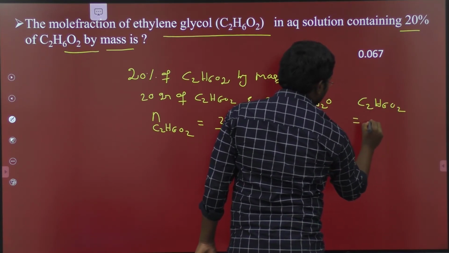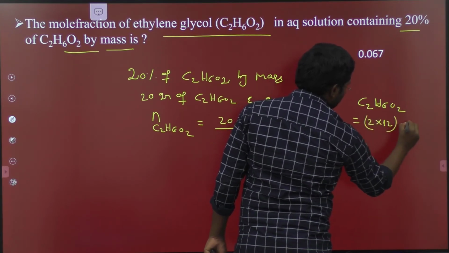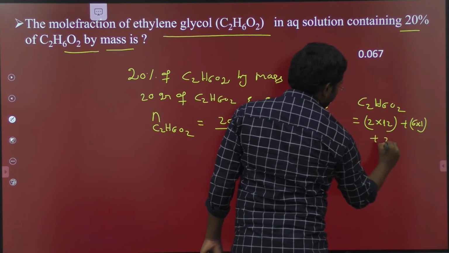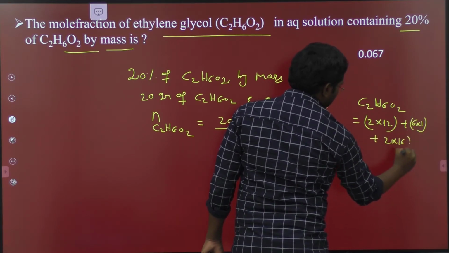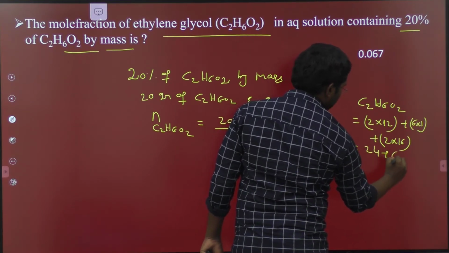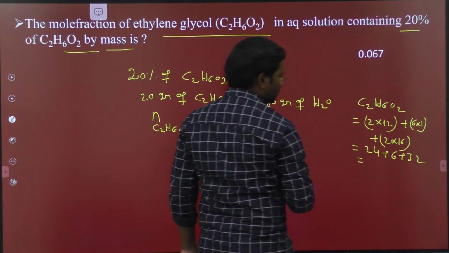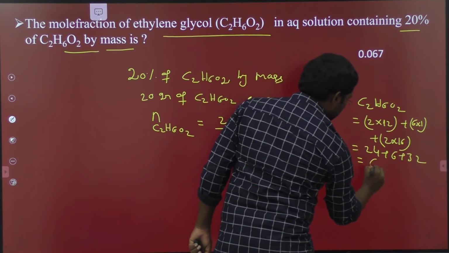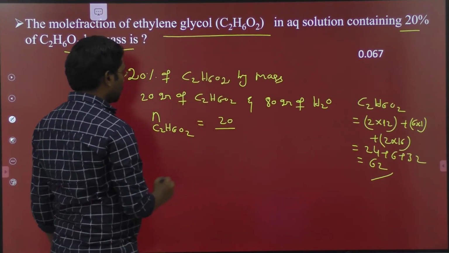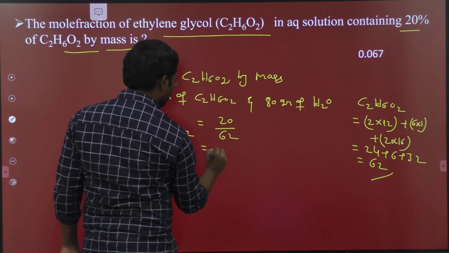For this one, 2 into carbon mass 12 plus 6 into hydrogen 1 plus 2 into oxygen 16. This is equal to 24 plus 6 plus 32, so this is equal to 62. Therefore molecular weight of ethylene glycol is 62. So 20 by 62, this is equal to how much?